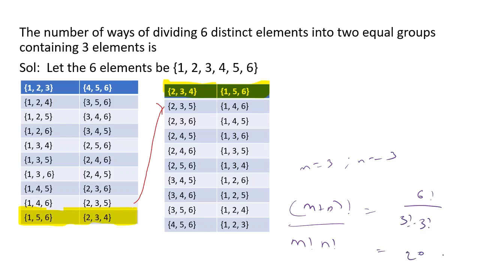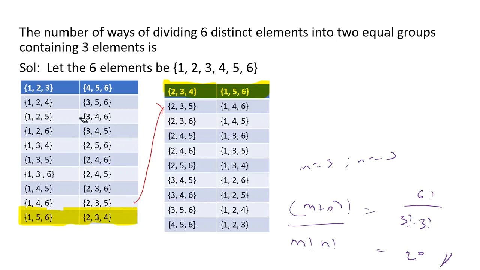So there are 20 ways in which you can divide these 6 things into 2 groups, each containing 3 elements. And these are my 20 distinct groups.